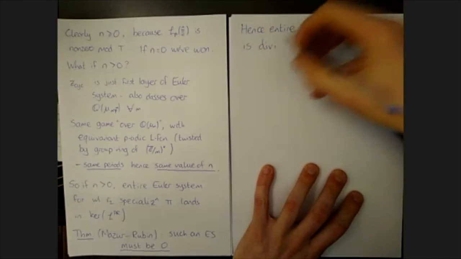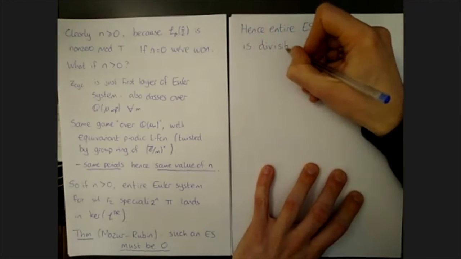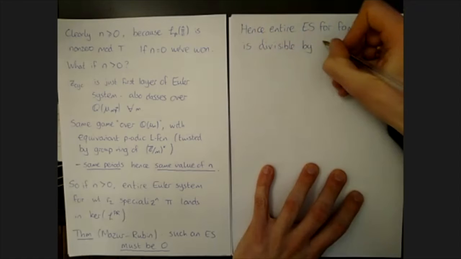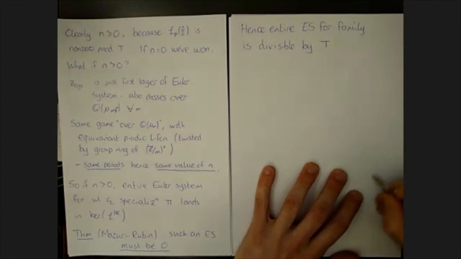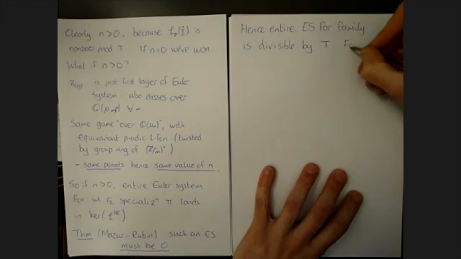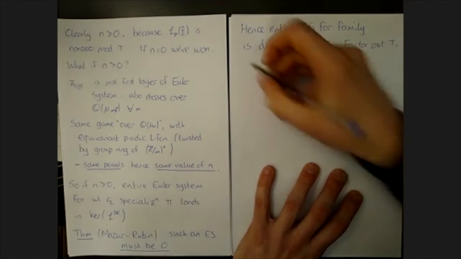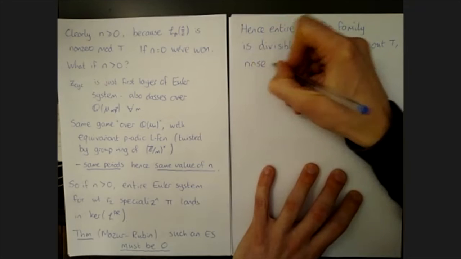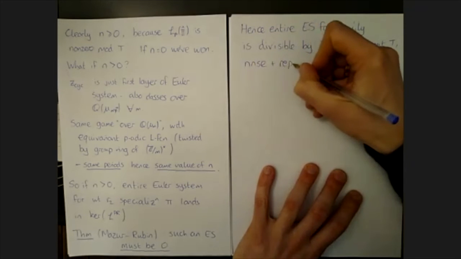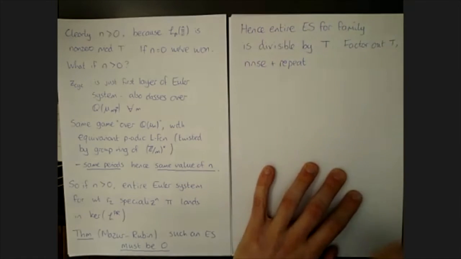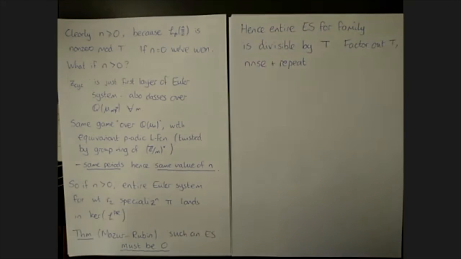And hence the entire Euler system for the family is divisible by T. And so you can factor out the power of T, rinse and repeat.